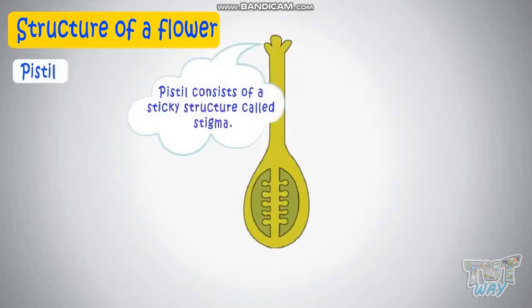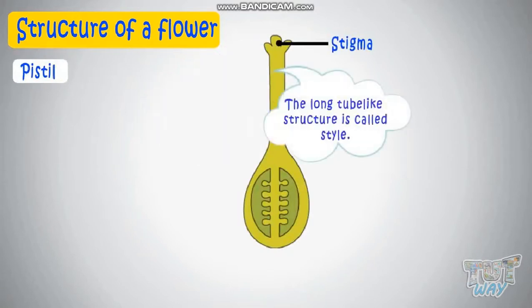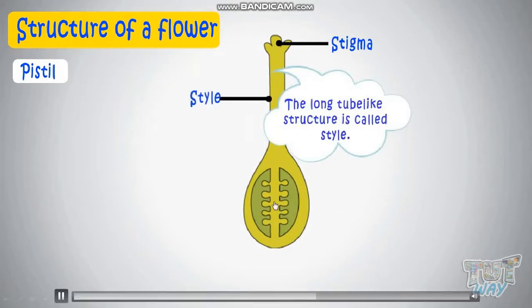And this is the pistil. Pistil consists of a sticky structure called stigma. That top, the stigma, is sticky. And then there is the style, and then down at the bottom, the bulky part, that is the ovary. In this ovary, the egg is being formed.